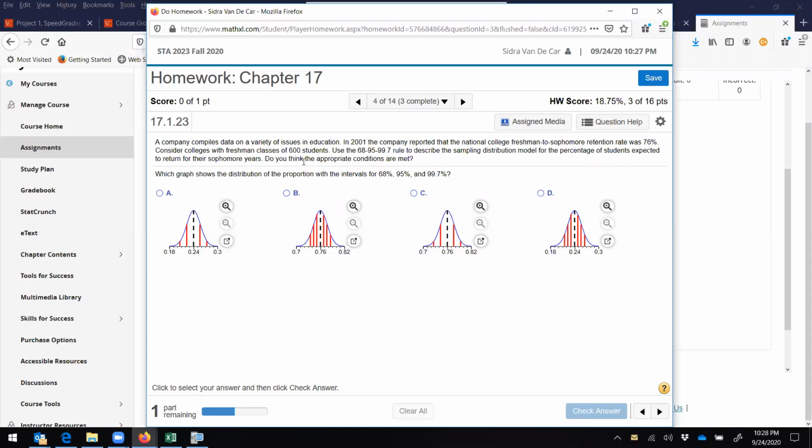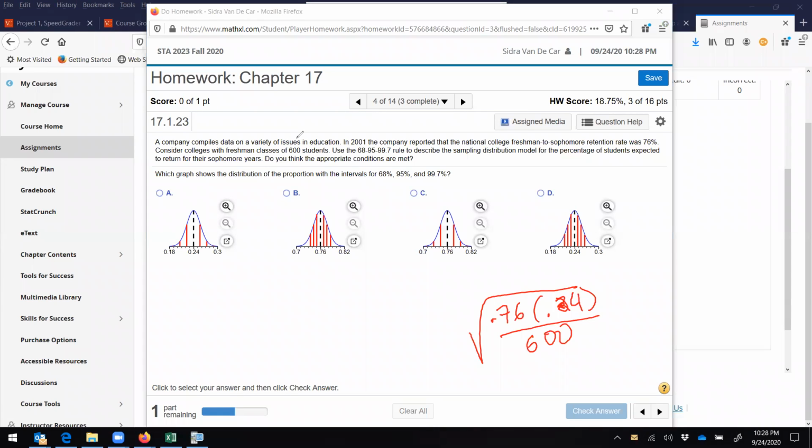And this is a class of 600 students. So when I do my formula for the standard deviation, we're going to go square root of 0.76 times 1 minus 0.76, which is 0.24, over 600. The n is the 600.